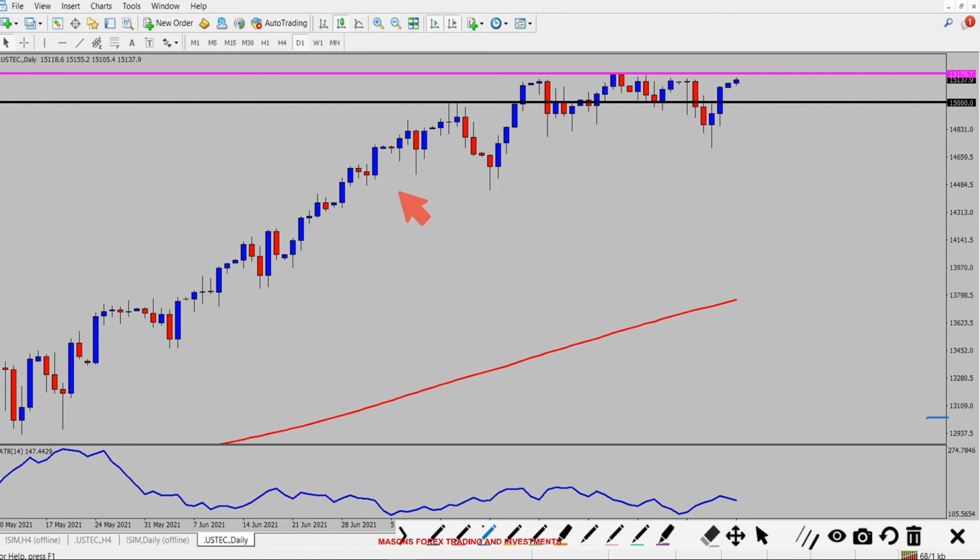So let's look at this even number and how it can help our trading. You can see from the past that price actually pushes into this 15,000 level and it actually moves away. So we can say this even number for NASDAQ actually acted as a resistance.